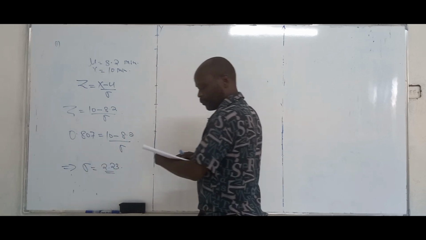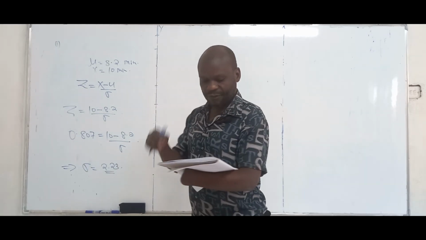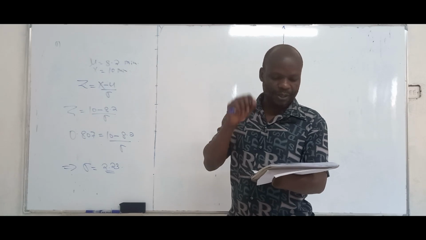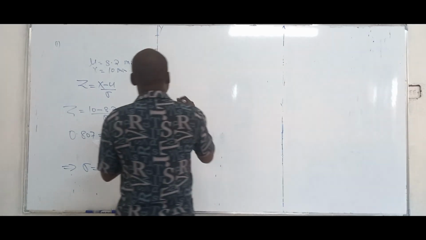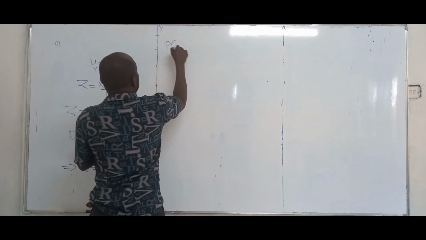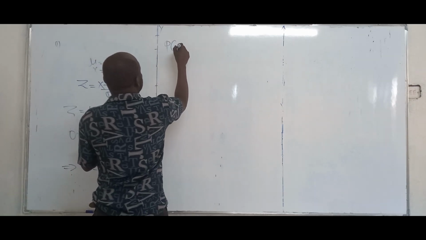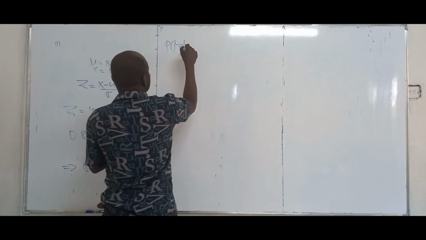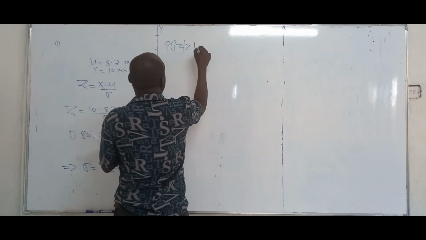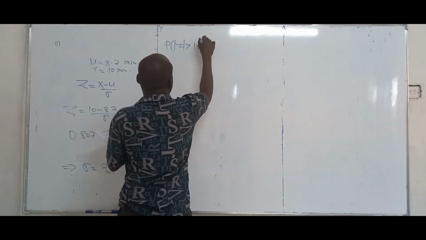Then Roman 2, find the probability that the time spent visiting this dentist by a randomly chosen person deviates from the mean by more than 1 minute. So that's the probability that it deviates from the mean by more than 1 minute.